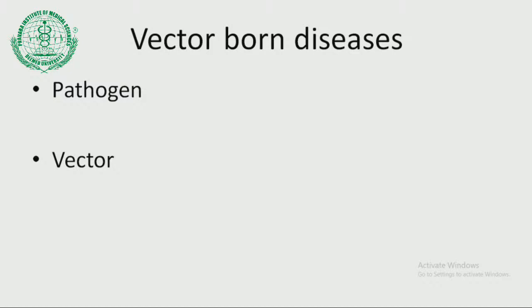So even if the virus is there in that particular environment, if Aedes mosquitoes are not there, the transmission of dengue will certainly decrease. So both pathogen and vector are equally important in vector-borne diseases in particular.